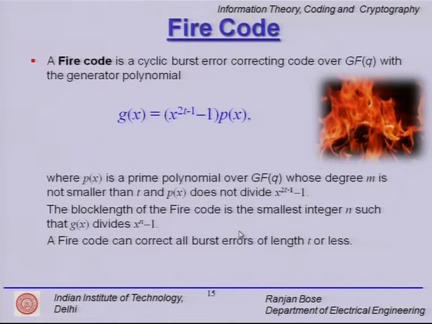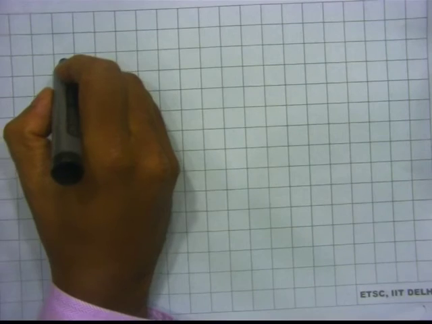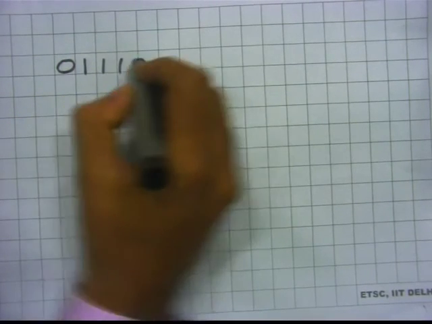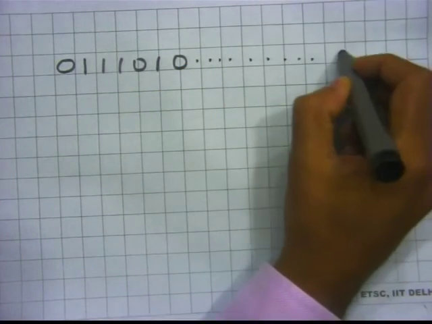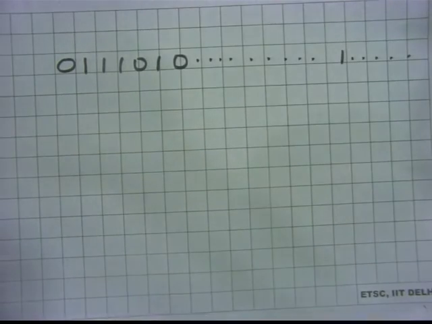So, if you look at a description here, we now define burst errors. Suppose I have a bit stream, a long enough bit stream.